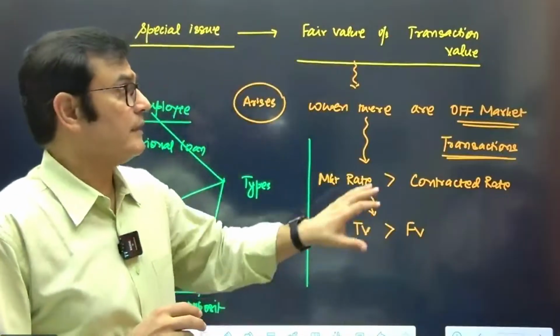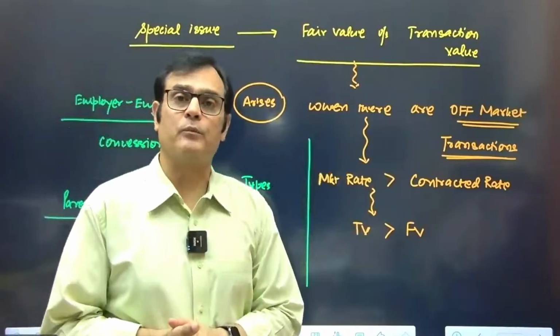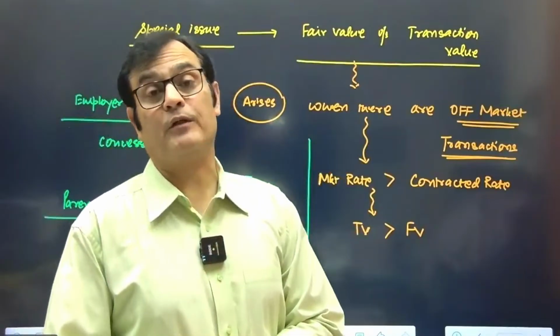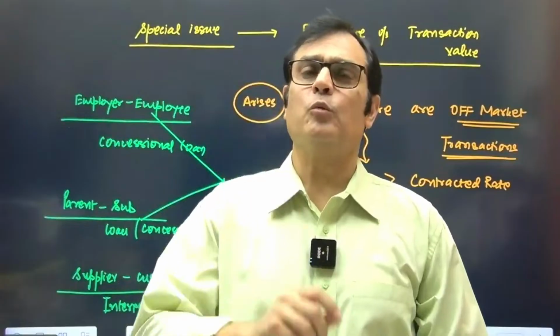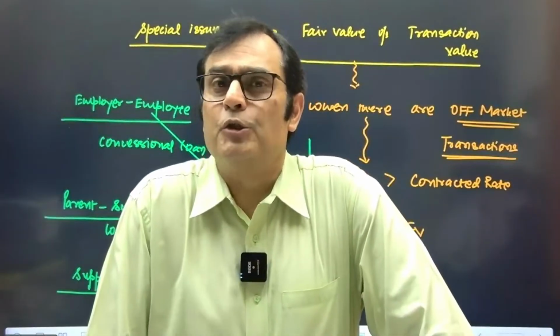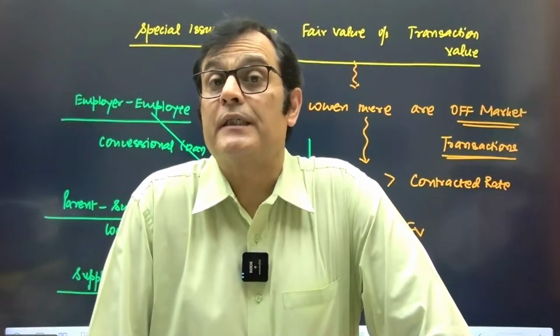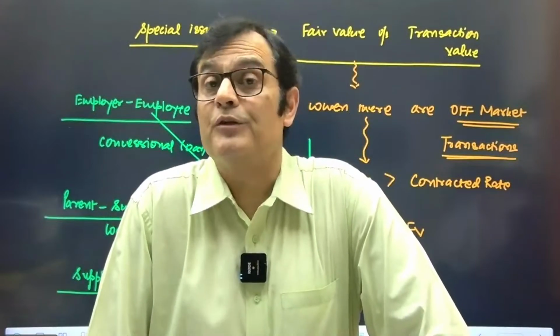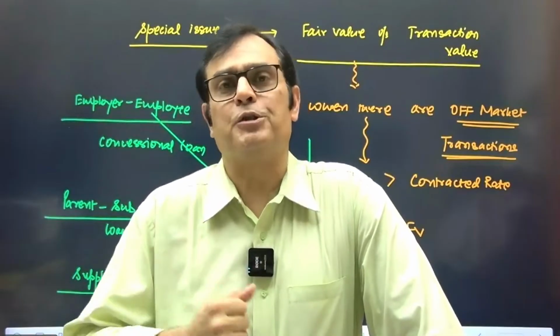So one thing is pretty clear that if there is an off-market transaction, the contracted and market rate will be different and the transaction value and fair value will undoubtedly be different. But in this particular case, you need to watch out and identify that this difference is due to the fair value computed as per what inputs in Ind AS 113. There are basically two kinds of fair valuation calculation.